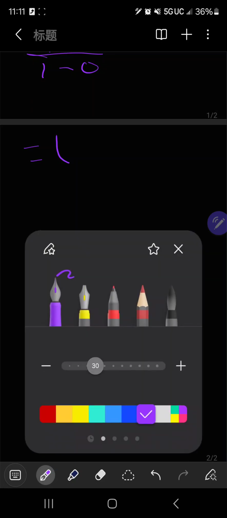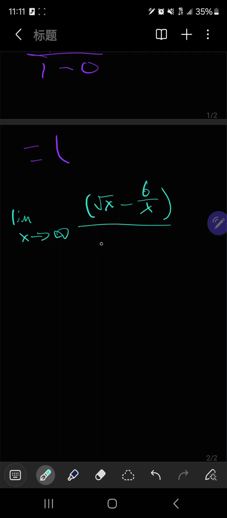Now let's do problem 2. Let's do a pretty good color. We have the limit as x approaches infinity of root x minus 6 over x, divided by 3 over x plus root x.